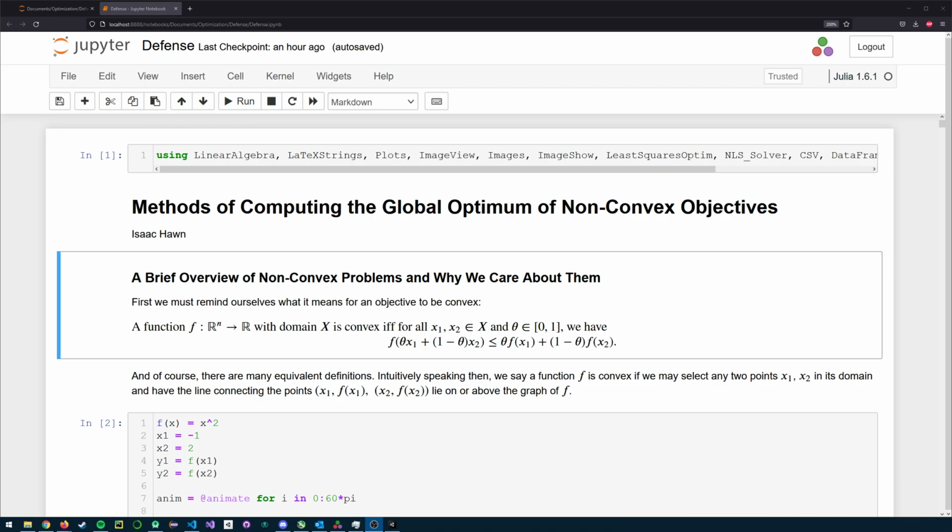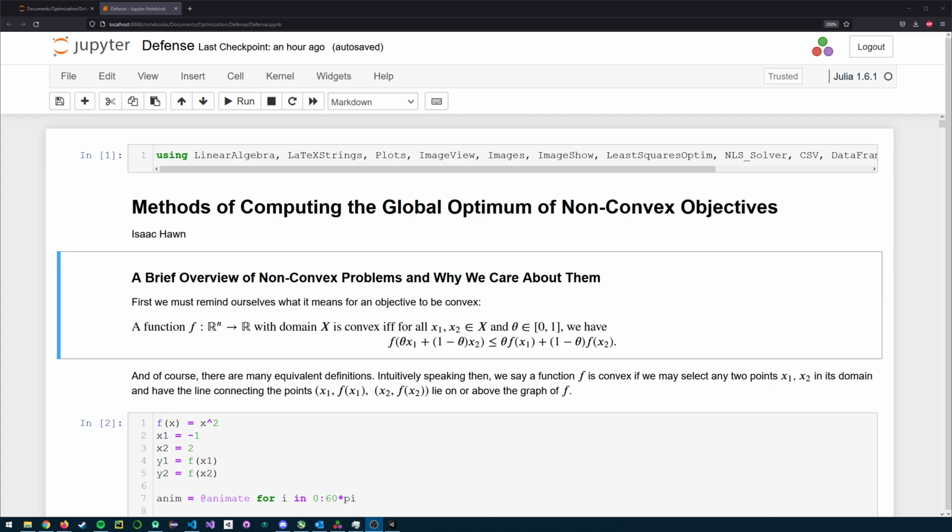So in most fields of optimization, the focus is mainly on convex optimization. But in this talk, I aim to address the often much more difficult non-convex optimization, which means either maximizing or minimizing non-convex objectives.